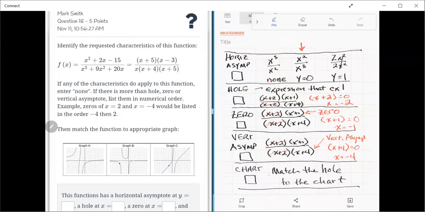And notice in the case of x cubed over x squared, the horizontal asymptote is also none. This is how you do zeros. They're in the numerator. There can be more than one. Here's vertical asymptotes in the denominator. There can be more than one. So make sure, the question will ask you to identify. If there's two of them, it'll ask you for two of them. And that is how you do 17, 18, and 19.